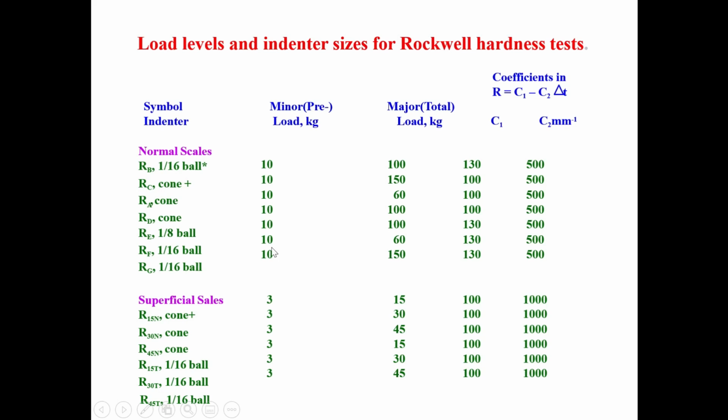Generally minor load is constant, that is 10 kg. Major load varies: 100, 150, 60 to 130. So coefficients in Rockwell, that is C1 minus C2 into delta t. C1 values are these and C2 values are these.